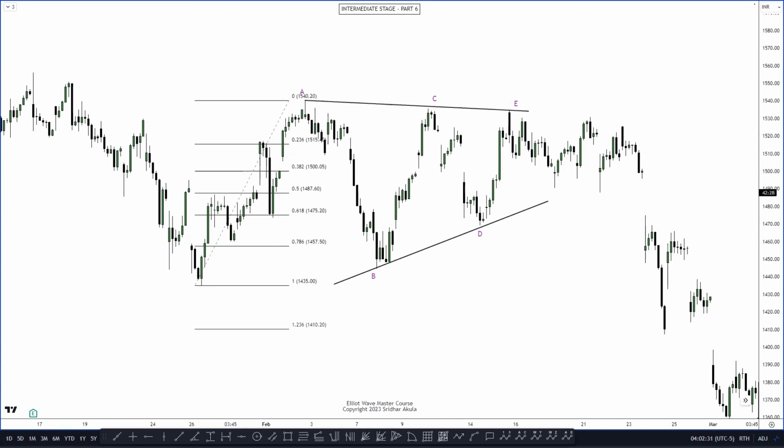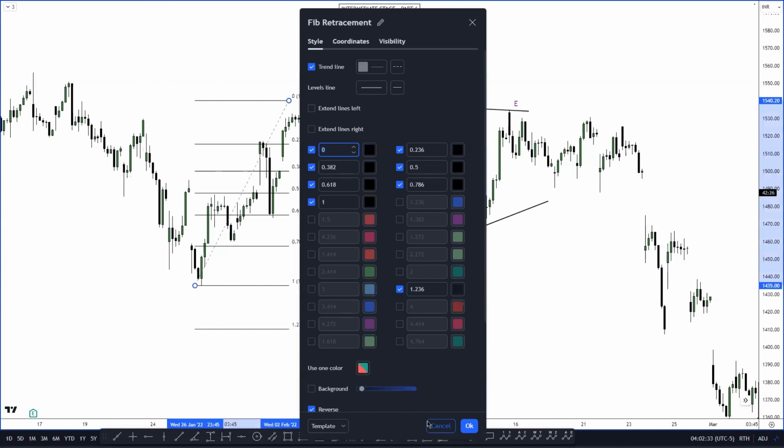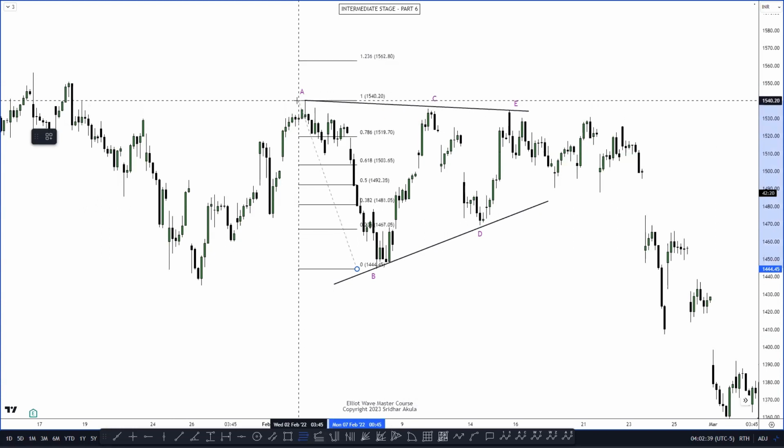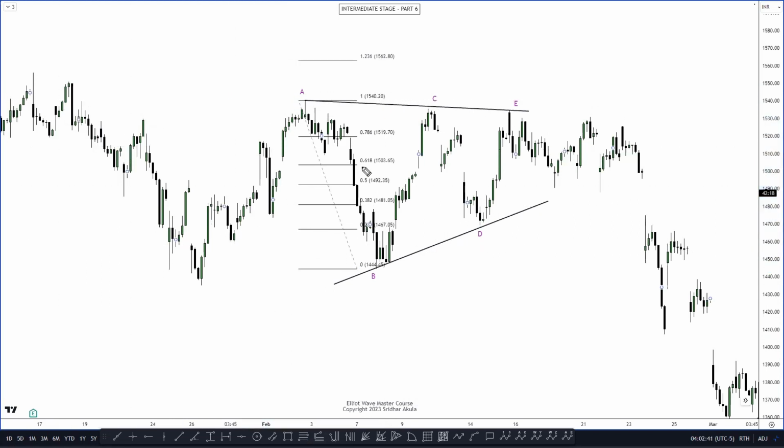Next, your C wave can be a 60 to 70% retracement of your B. So this is the zone we'll be looking for C wave to come. It can cross it, no problem, but it will not cross the previous swing high, as we know the rules of a triangle. By this point, you will understand there's a good chance we are in a triangle.